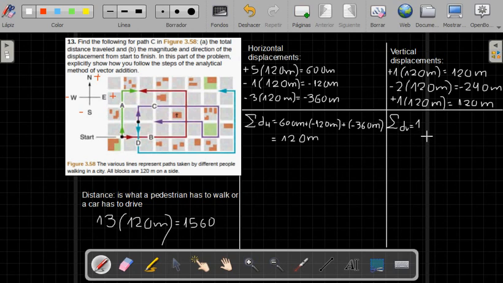Okay, we have 120 meters plus minus 240 meters plus minus 100 plus, let me see, 120 meters. Okay, so the solution for all of this is going to be 0 meters.